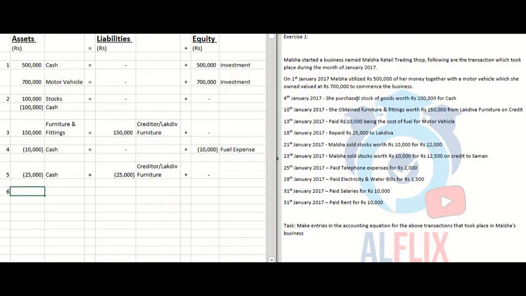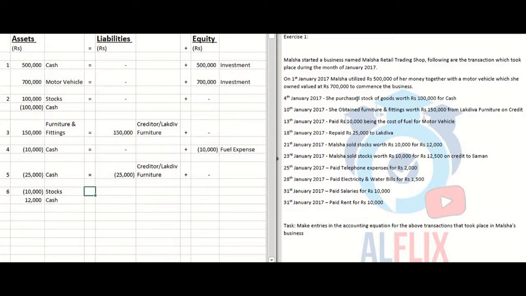So this will be a reduction of assets worth rupees 10,000 in terms of stocks, and also since this is being sold for cash, it will be increasing the assets again by rupees 12,000 in terms of cash.